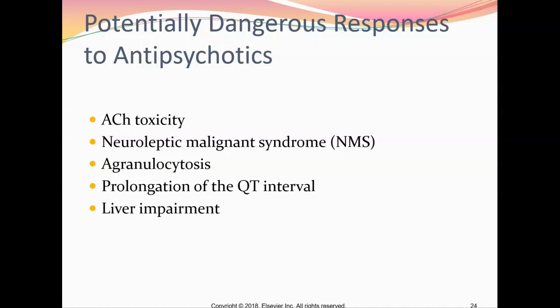And typically what you'll see is high fever, sweating, unstable blood pressure. So we want to identify, treat, and this is one where we'll have to change medications. Look for any QT interval changes, those dysrhythmias. So we want to be monitoring pulse, looking for any irregularity, and then we'll look at our liver enzyme levels.